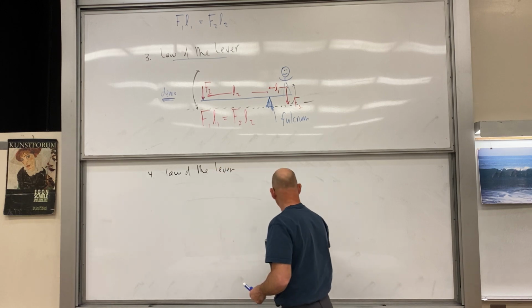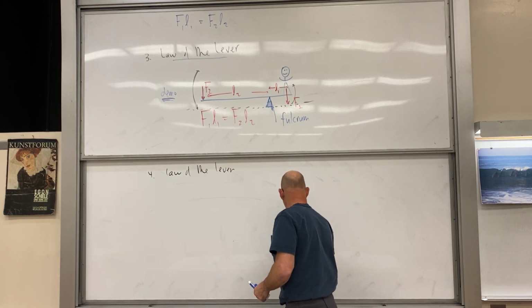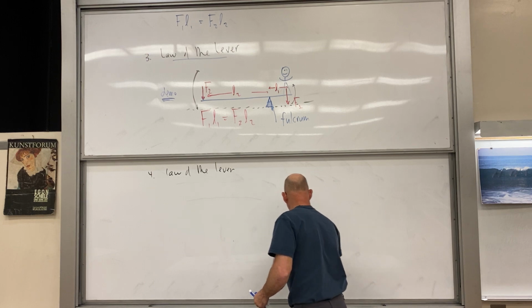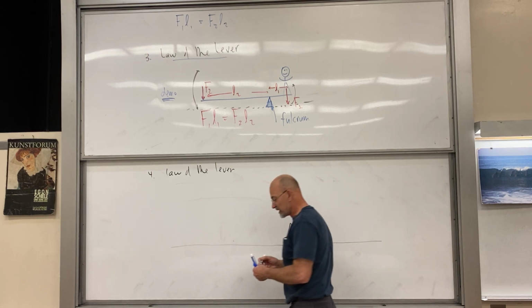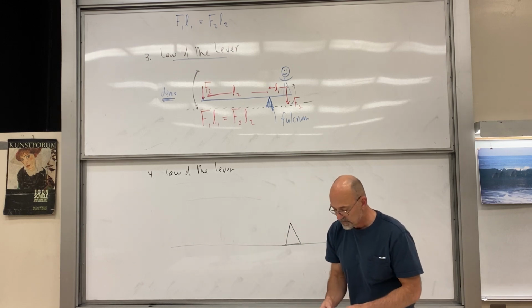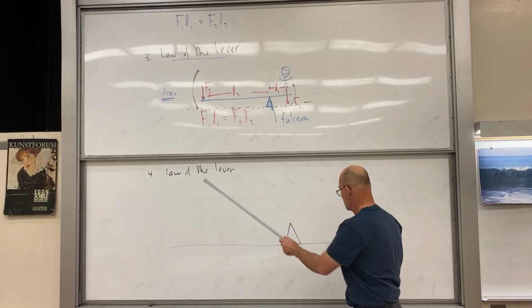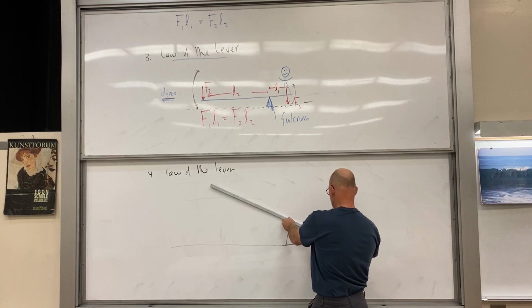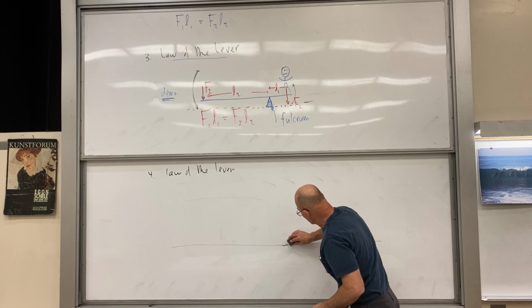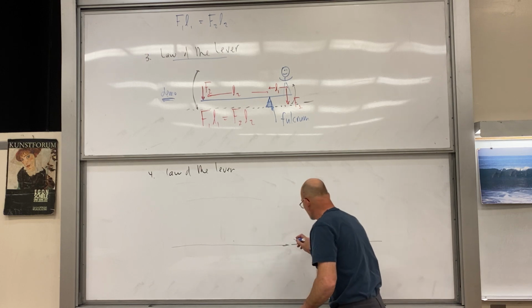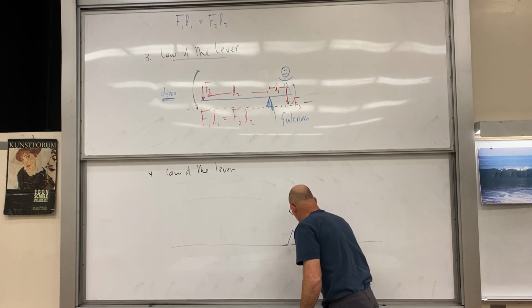So let's go ahead and start with a fulcrum, a ground level. This time I'm going to use my ruler. And this will be a real example. Let's not exaggerate things too much. So we'll do a fulcrum about this high.